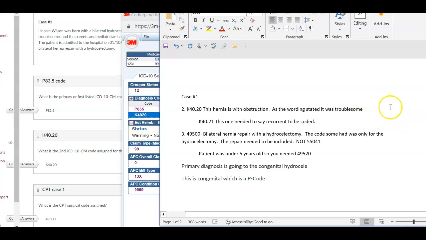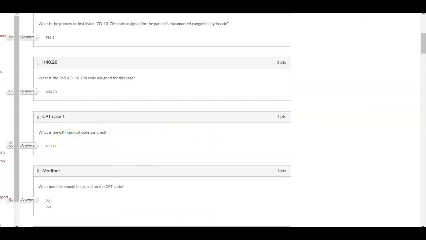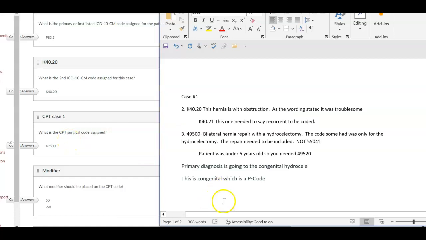All right. So once we get our diagnosis in, the next thing is we want to add our surgical CPT procedure. And with that, that's going to be the 49500, our bilateral hernia repair, their hydrocelectomy. The code some had was only for the hydrocelectomy. Okay, the repair needed to be included. So that's why we need a 49500.